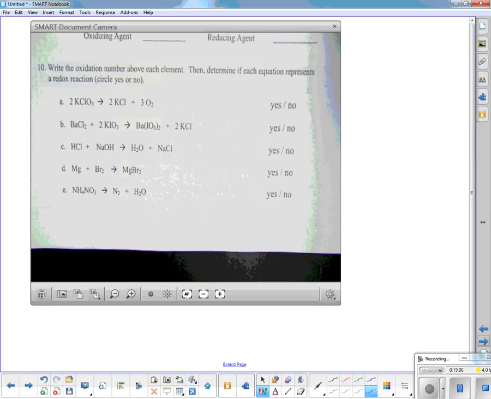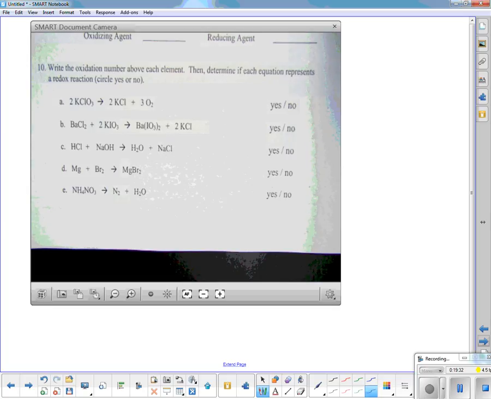If I have any elements by themselves, any elements whatsoever, it's a redox reaction because I have 0 on an element. And then it goes to a compound and it has to have a charge. So right there, without doing anything else, I just look for elements by themselves. That's a redox.